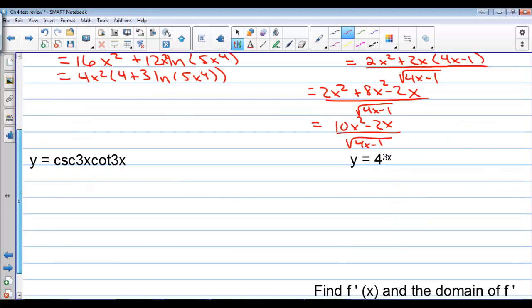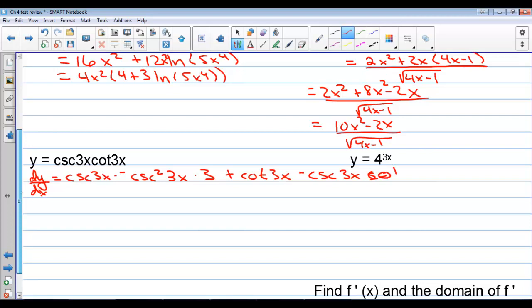Well, product rule again. I guess I really like product rule. We have first times the derivative of the second, which is negative cosecant squared 3x, but then times 3. So first times derivative of the second plus the second times the derivative of the first, which is negative cosecant 3x cotangent 3x, then times 3.